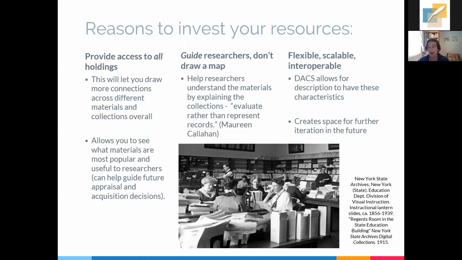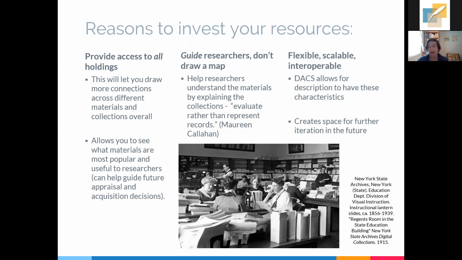when doing this work, and that is that you really want your description to guide researchers. You don't have to draw them a directly representational map. Guiding description explains the collections rather than just mimics them.